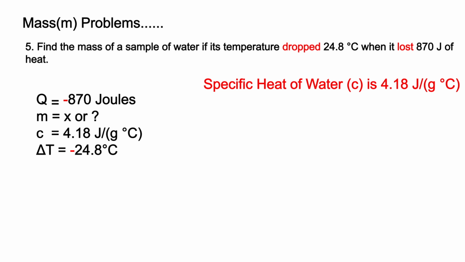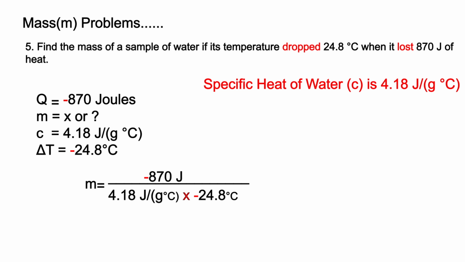Mass is unknown. The specific heat of water, as usual, is 4.18 joules per gram. And delta T is negative 24.8. So here's how we are going to do the equation: negative 870 joules divided by 4.18 times negative 24.8. And our answer would be 8.39 grams.